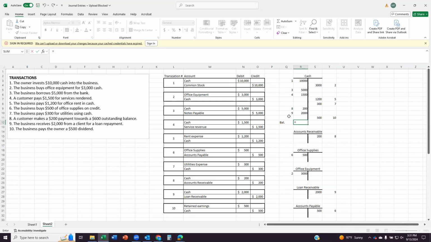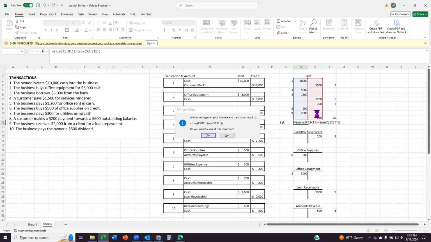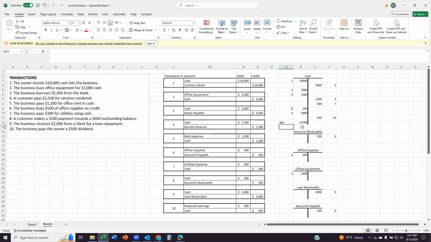And I can just say this equals the sum of all of the debit side minus the sum of the credit side. So the balance of my cash account is a debit balance of 13,700.